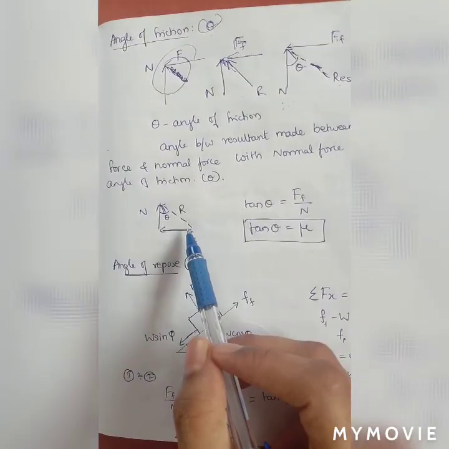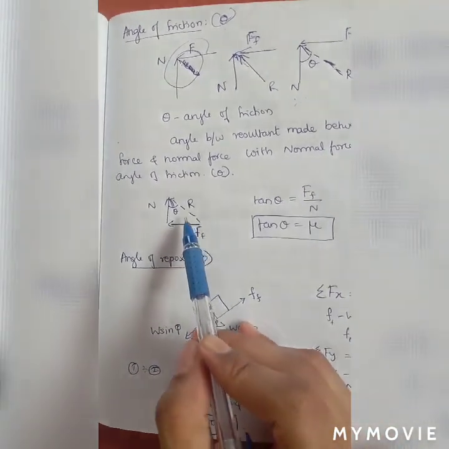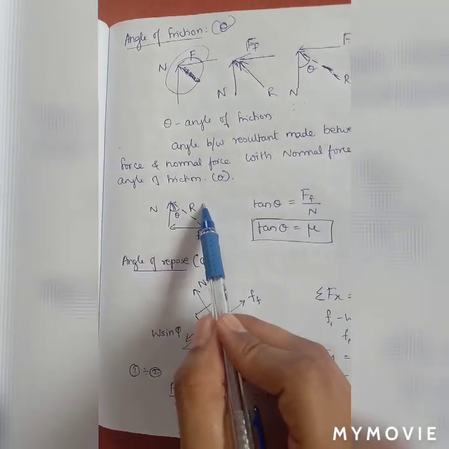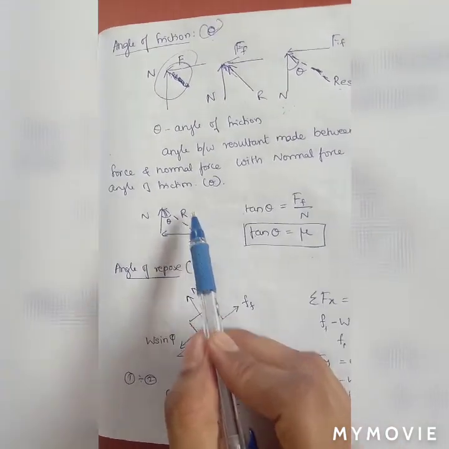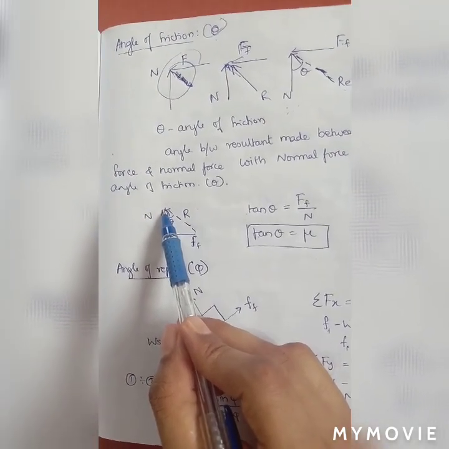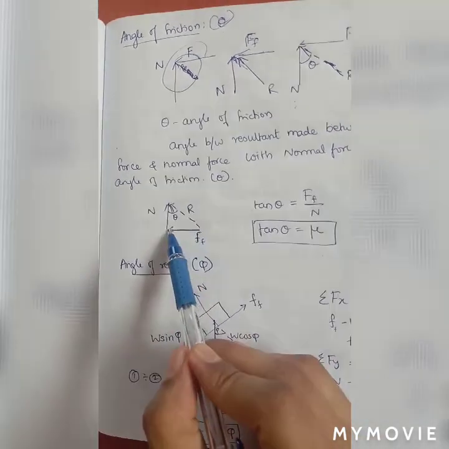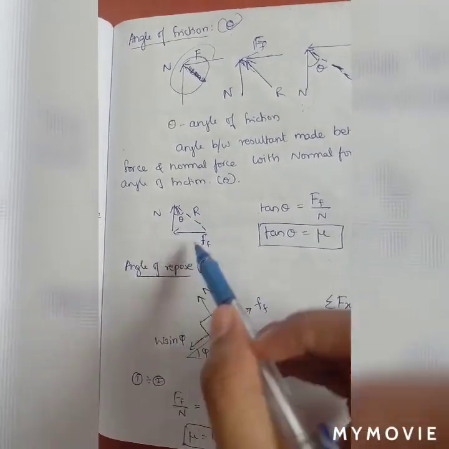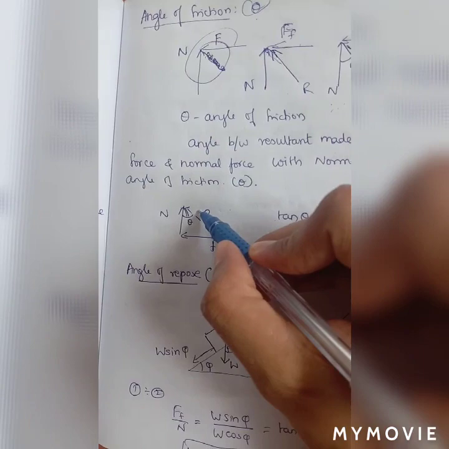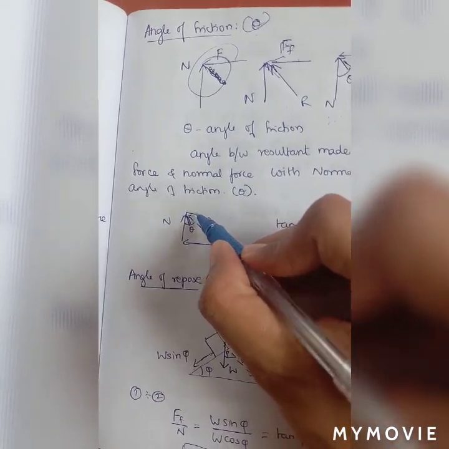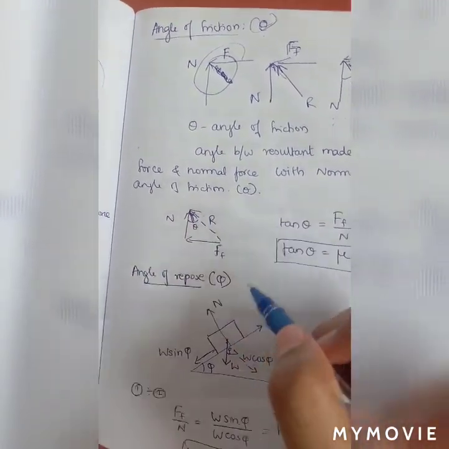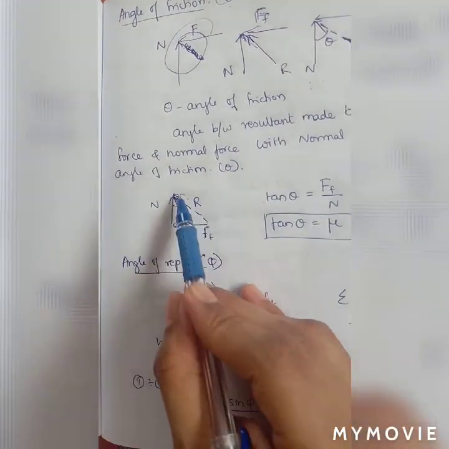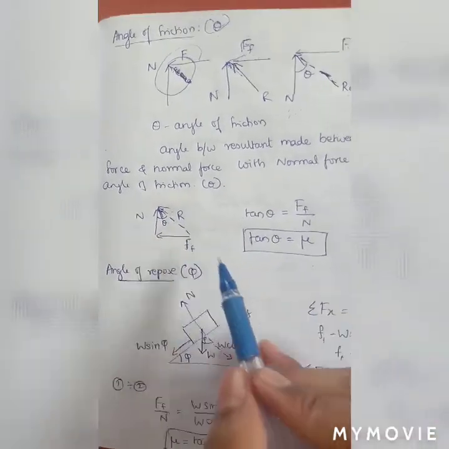With respect to the first unit, we discussed the triangle law of forces, which says that if two forces are in adjacent sides, then the third force will be along the closing side and in the opposite direction. This is the direction of your resultant force. So angle of friction is the angle between the resultant and normal. This is called theta.